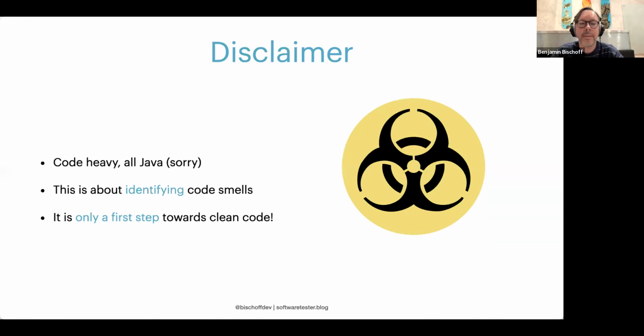And please note that this is about identifying code smells only. It's only a first step towards clean code, but it's not the only step. The identification of the code smells is important. How you would deal with all the code smells in detail, that would be too long. Maybe we can do a follow-up in the future, but I will also tell you what you can do when you find some code smells.